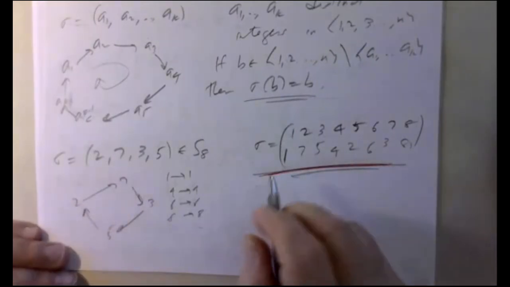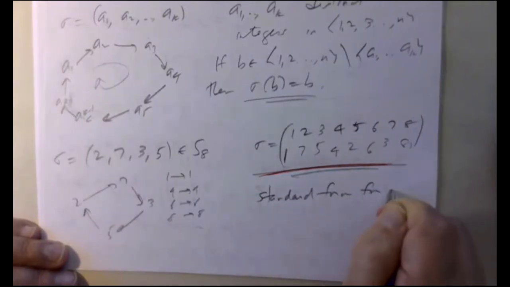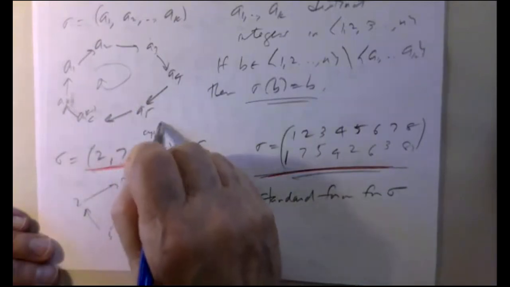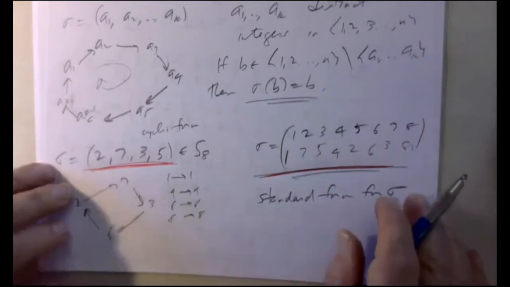So this is the standard form for sigma, and this is the cyclic form. Okay. So a cycle is a special kind of permutation, which is easy to visualize. It's like you're going around a circle.